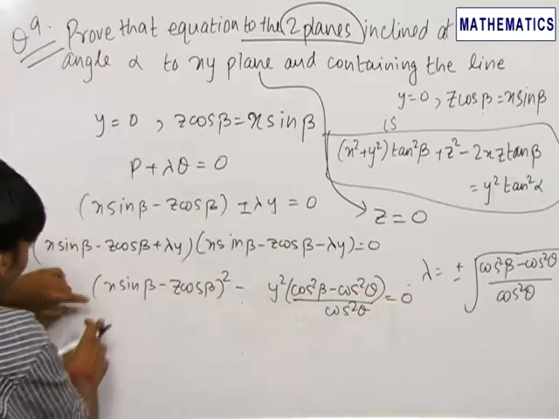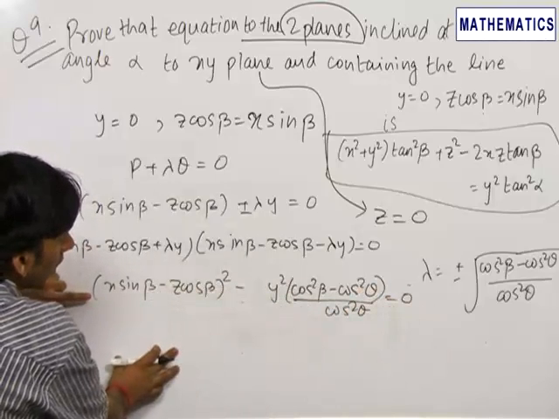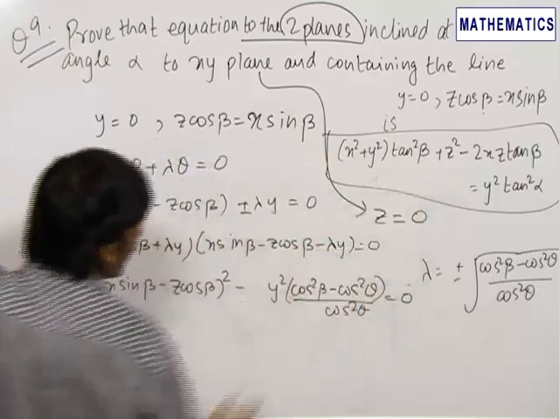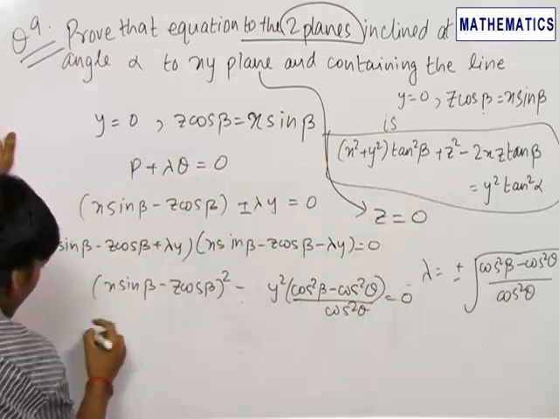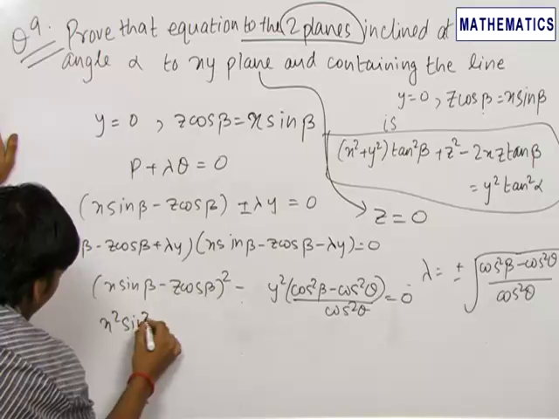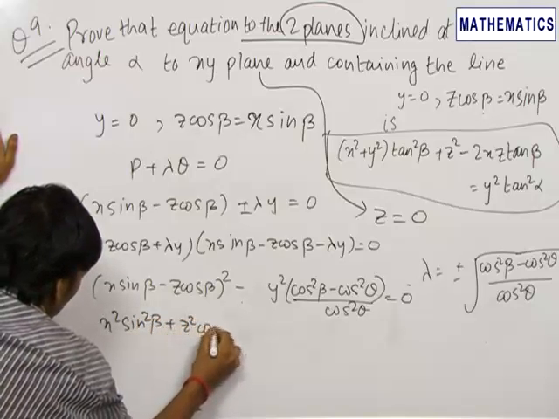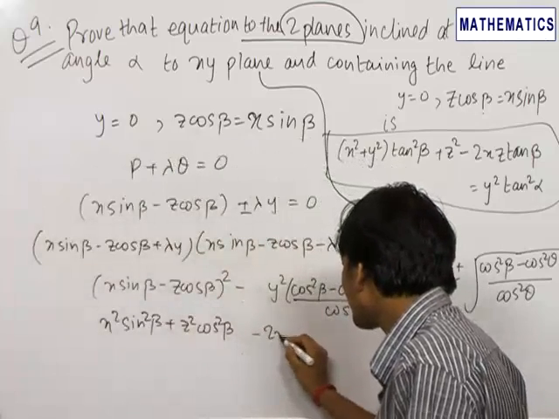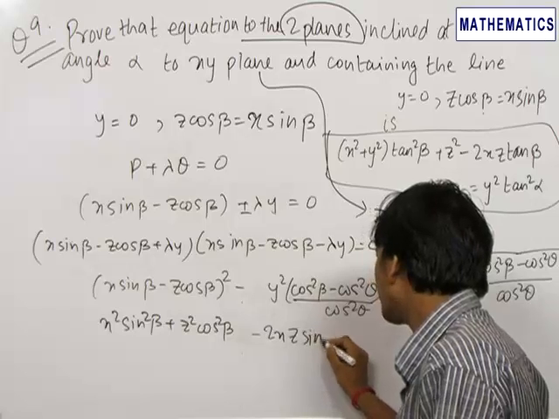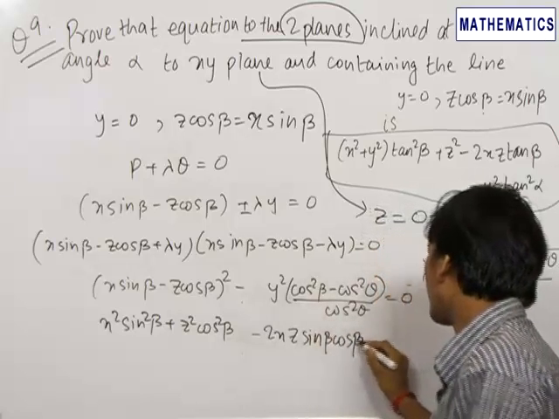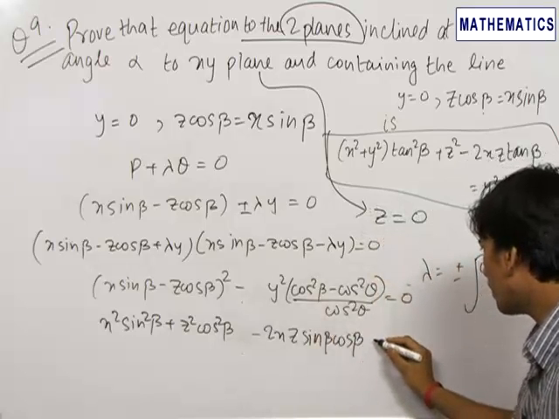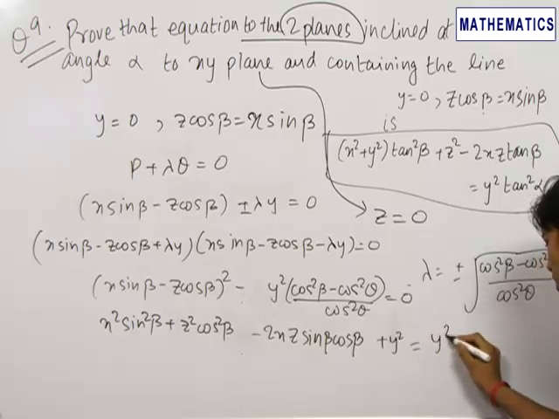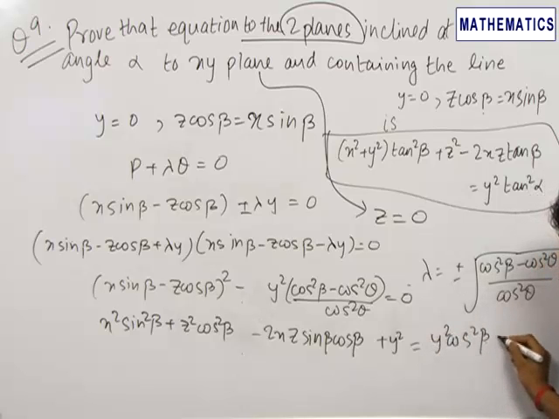Now we have already got an expression in terms of x, z, cos beta and cos theta. We just need to prove that this equation is the same as this equation. So for that let us expand this. x square sin square beta plus z square cos square beta minus 2xz sin beta cos beta plus y square is equal to y square cos square beta into sec square theta.